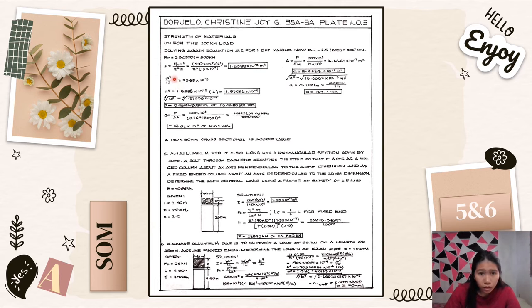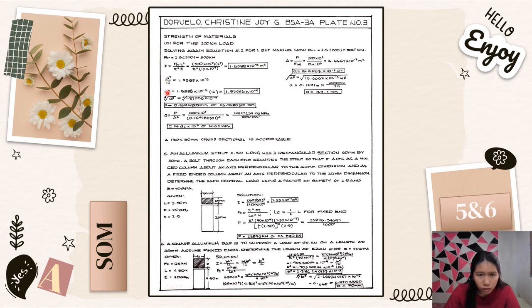So for I is equal to Pcr L raised to 2 all over pi squared E, is equal to 500 times 10 raised to 3 times 2 raised to 2 all over pi squared times 13 times 10 raised to 9. So the answer is 1.5588 times 10 raised to negative 5 meter raised to 4.